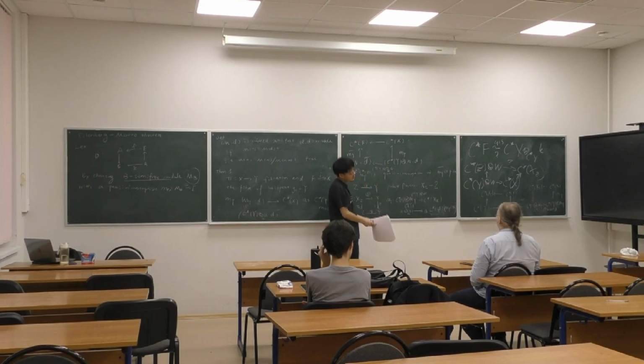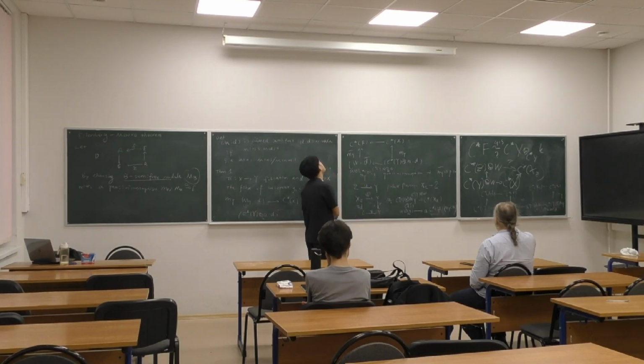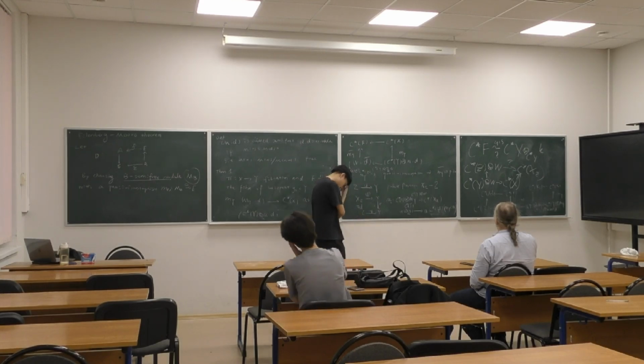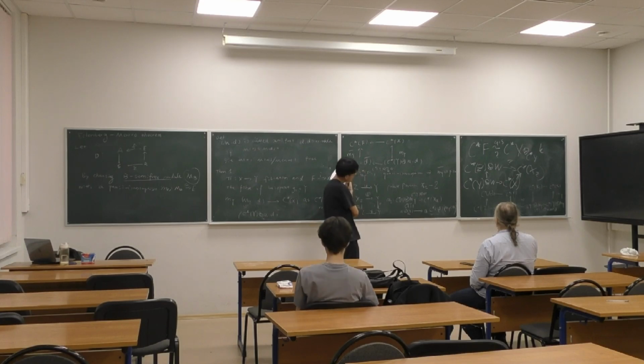Now basically we need to make sense of C star X, C star Z tensor W. What is it?